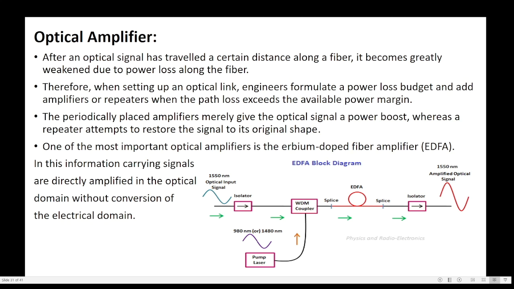The periodically placed amplifiers merely give the optical signal a power boost, whereas a repeater attempts to restore the signal to its original shape. There are some optical amplifiers in the market.